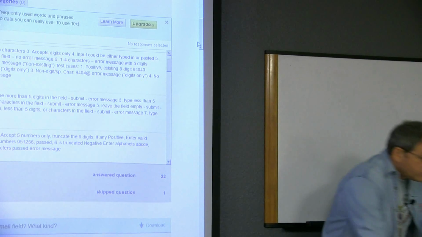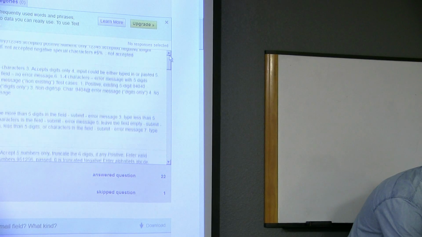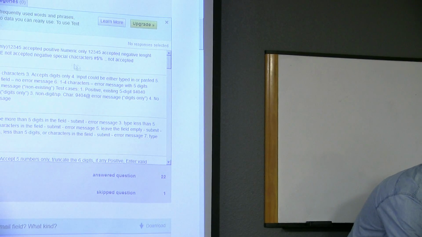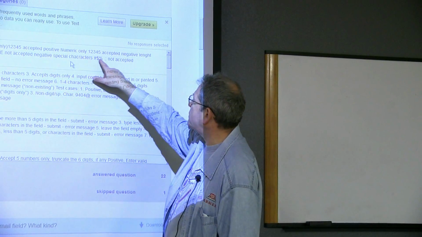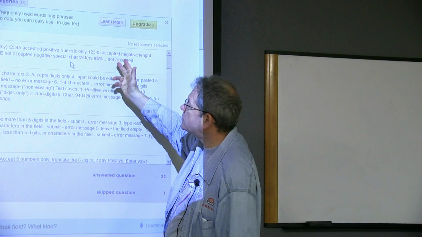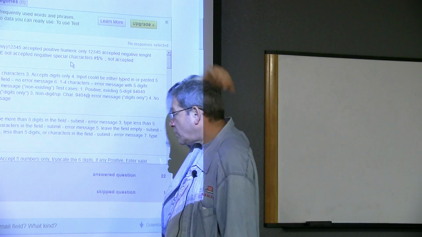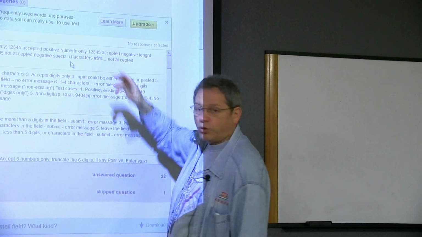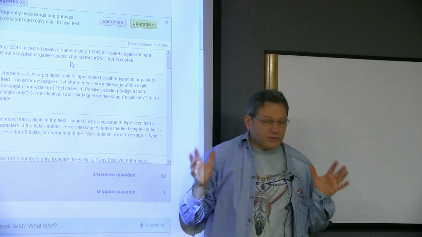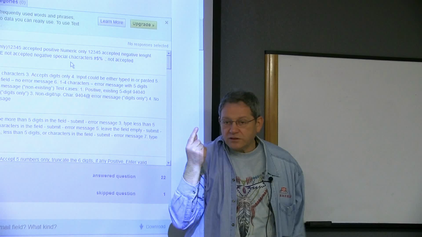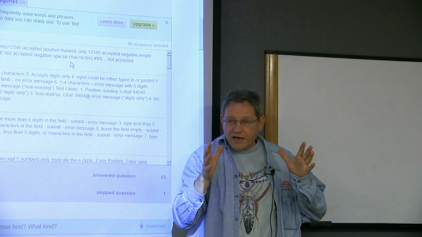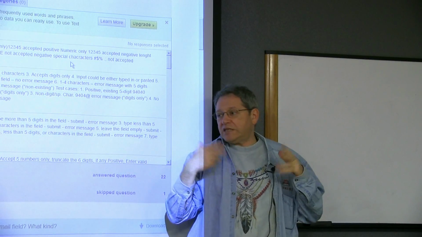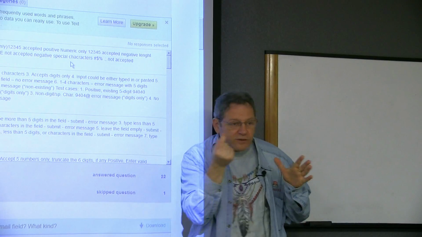Let me go back a little bit, just a second. Yeah. Look at that. Negative special characters, not accepted. They don't have to be all at once. Special characters. Just one. So you are trying to deviate from the correct one as minimally as possible. Just 1 character out of 5.